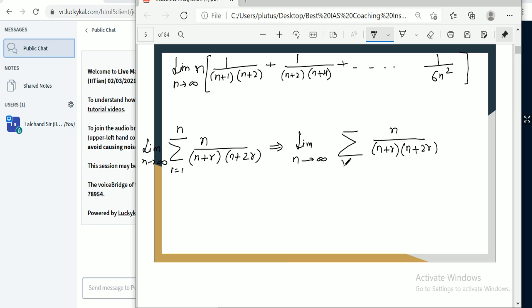Here the r value starts from 1 and finishes at n. Now we are trying to make it in the form of r by n. So again we rearrange, taking n common from this factor and n common from this factor. So we have the sigma, limit n tends to infinity.